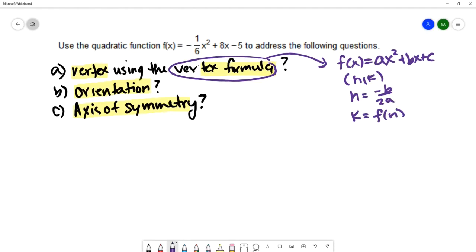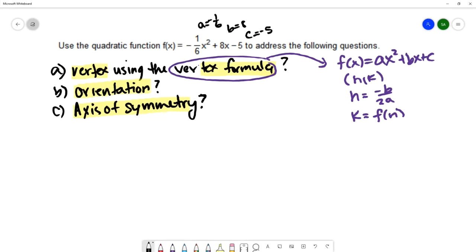So that's what we're going to be using on this quadratic function. So in this example, we have a being negative 1/6, that is the coefficient on the x squared term, b being 8, the coefficient on the x term, and c being negative 5.